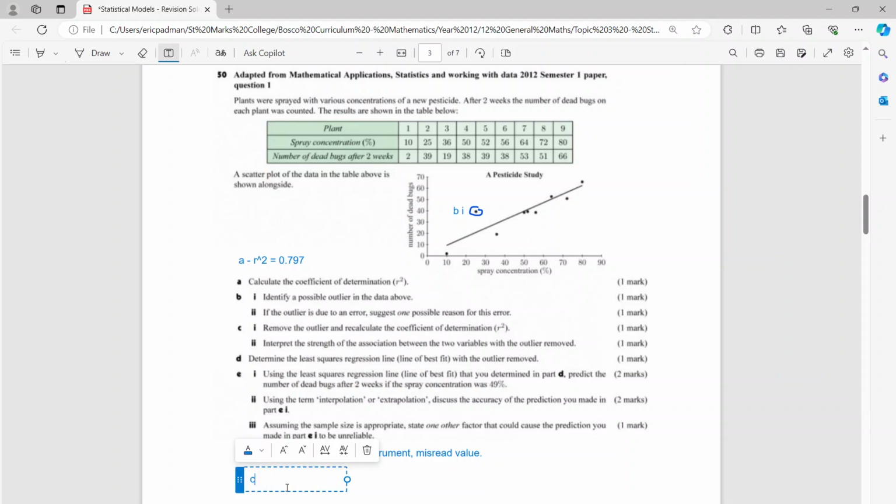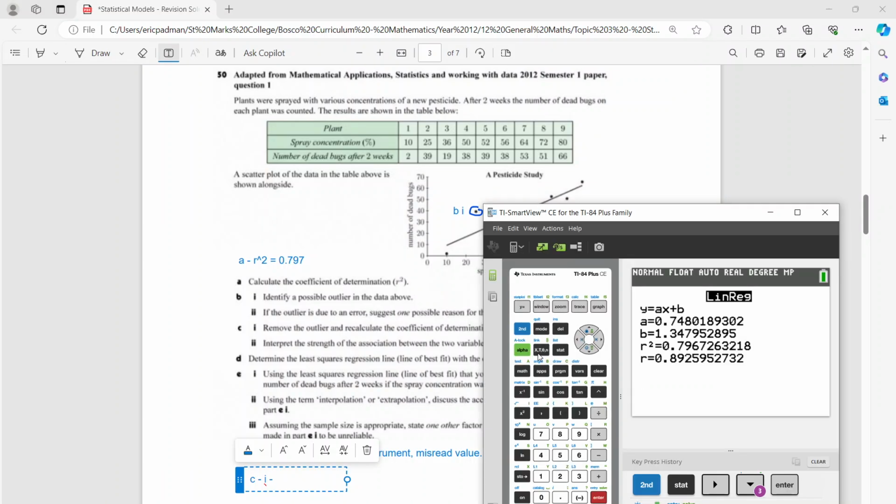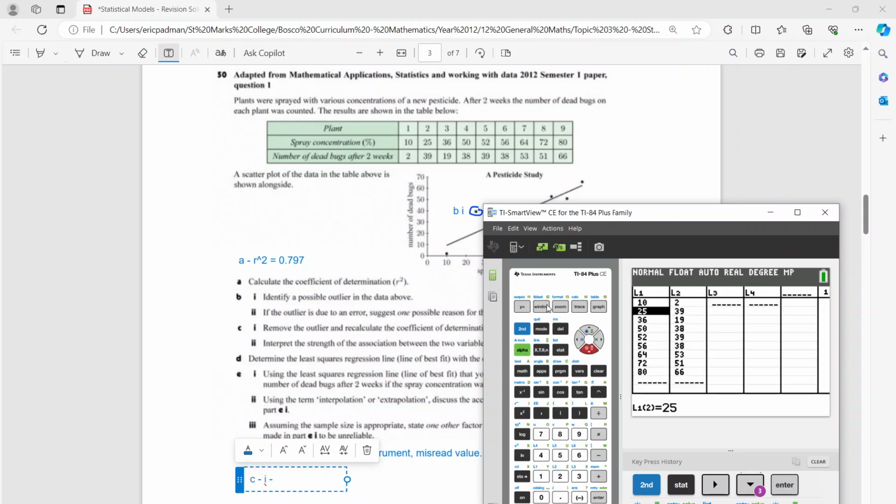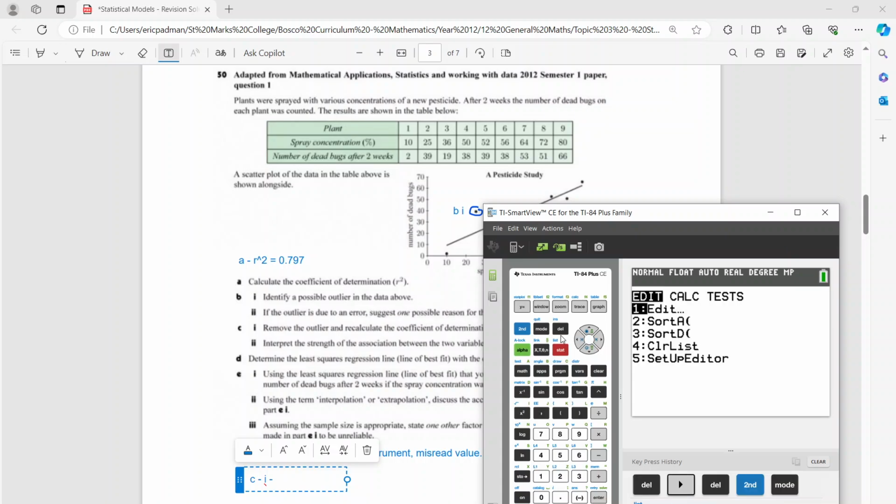Part C, part I. Remove the outlier and recalculate the coefficient of determination. We're going to go back into our data set, removing the second data point. We go delete, quit, stat, calc, linear regression, recalculate.